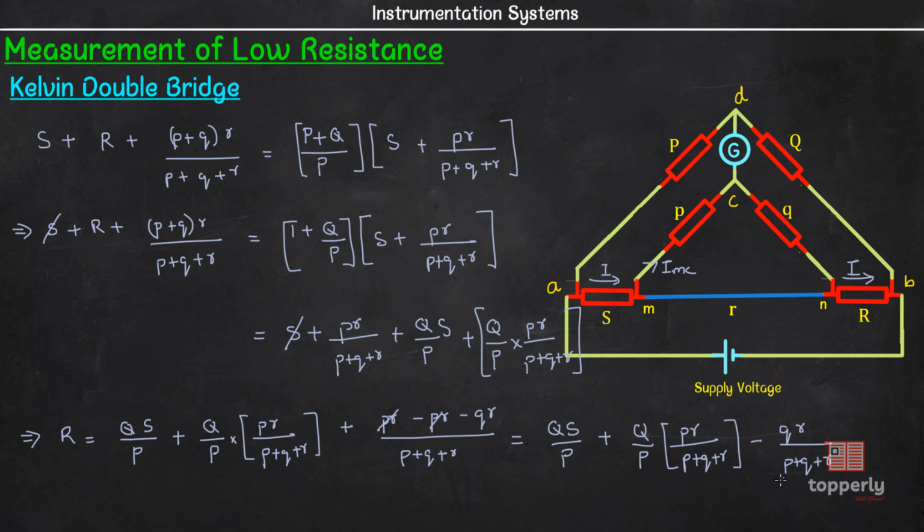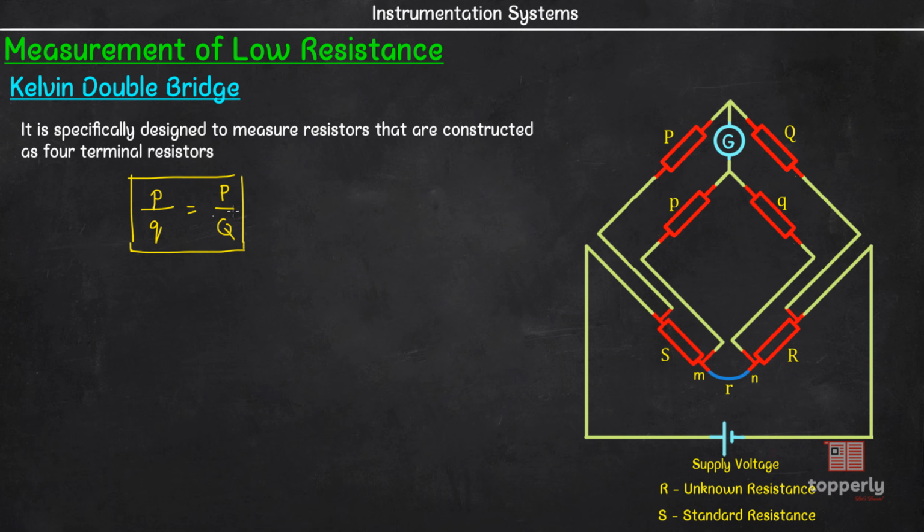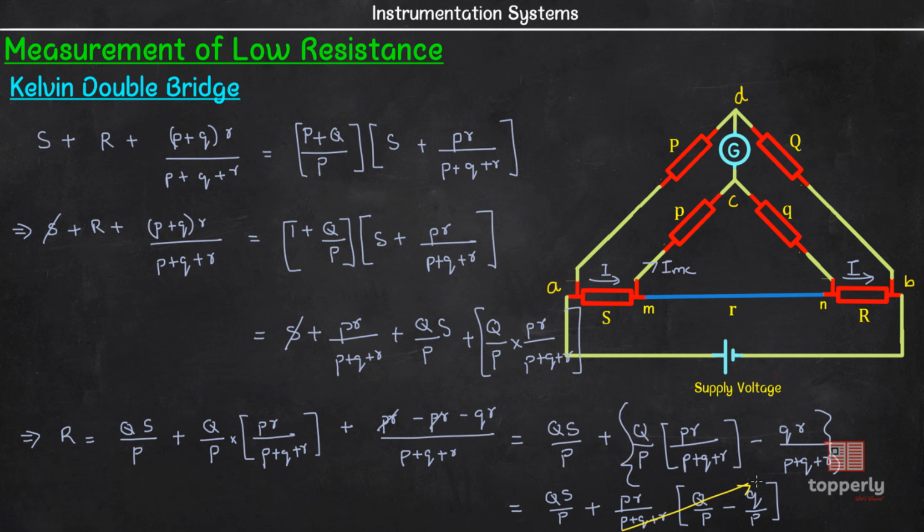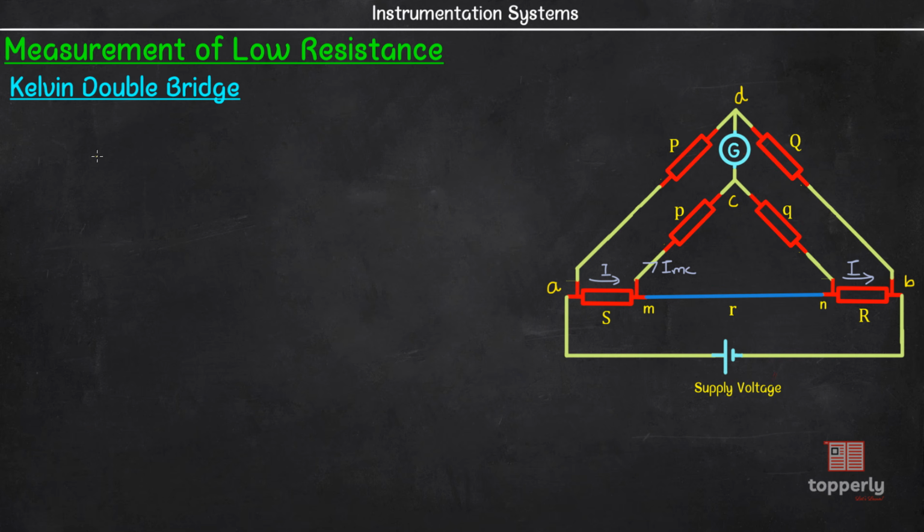So if we take out pr by p plus q plus r from this term, we get QS by P plus pr by small p plus small q plus small r into q by p minus small q by small p. And in the beginning we said that small p by small q is equal to capital P by capital Q. Therefore, this entire term becomes 0. This leaves us with capital R is equal to capital Q by capital P into capital S.